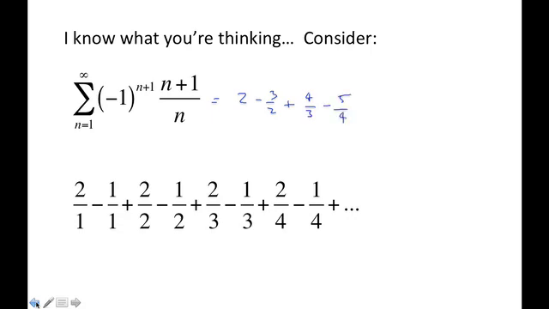That's the one we just looked at. This is the one that I found. So I have 2 over 1 minus 1 over 1, plus 2 over 2 minus 1 over 2, plus 2 over 3 minus 1 over 3, plus 2 over 4 minus 1 over 4. What's the next one? Plus 2 over 5 minus 1 over 5.